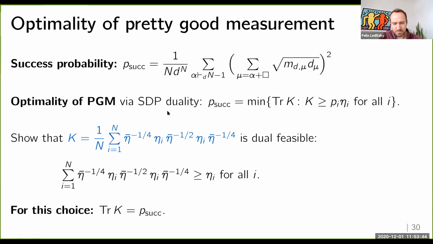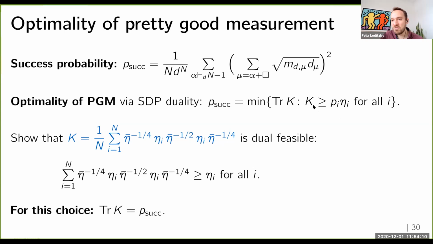So remember, instead of computing the maximal success probability using these measurements, I can go through the SDP duality to rephrase this as a minimization problem. The minimization problem in our case was that we need to find an operator K that satisfies this constraint for all of the states. So the p_i again is 1 over n for us.